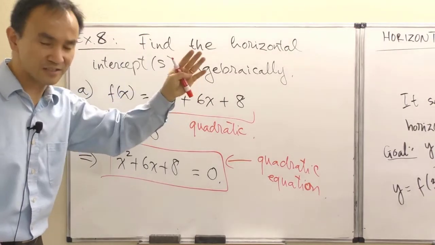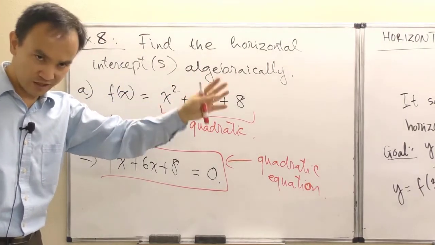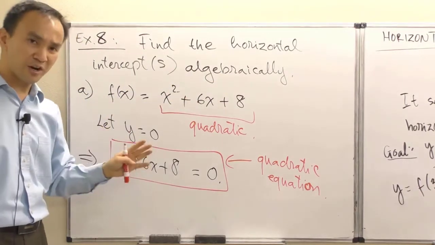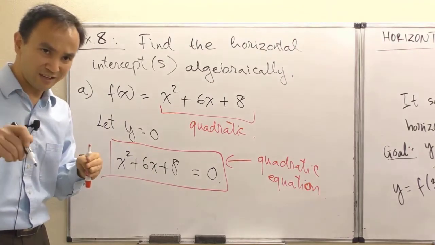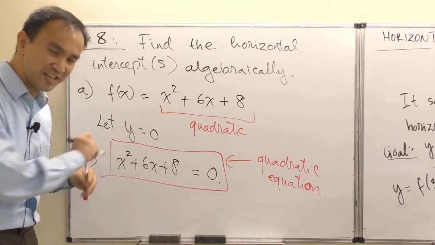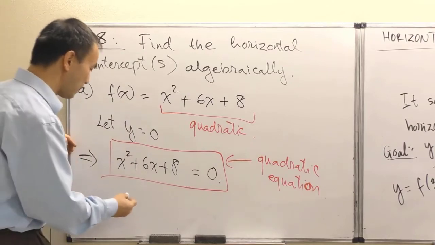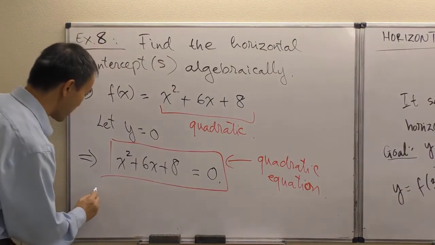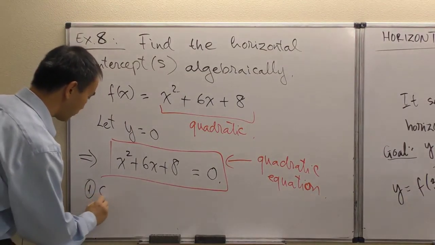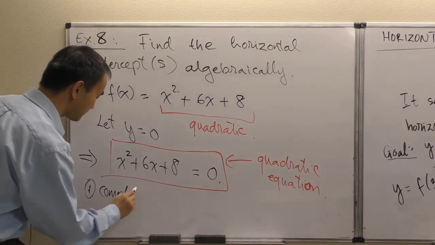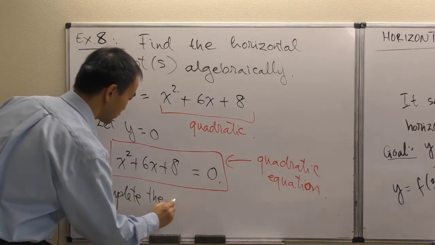The graph is just a graphical solution. We're going to handle that later. But algebraically, I'm talking about methods, how to write it down, and the actual precise calculation. One method is to complete the square. Option number 1, we can go with complete the square.